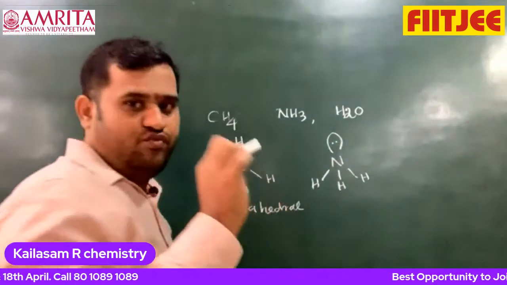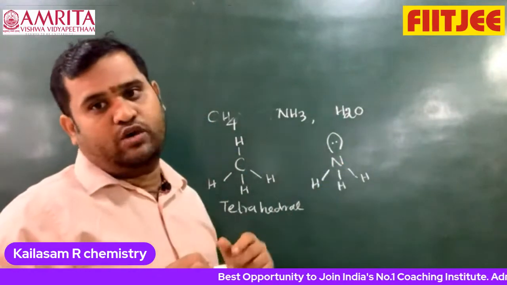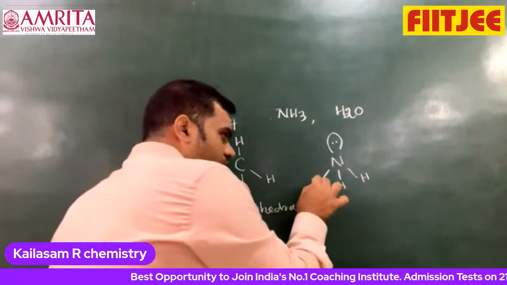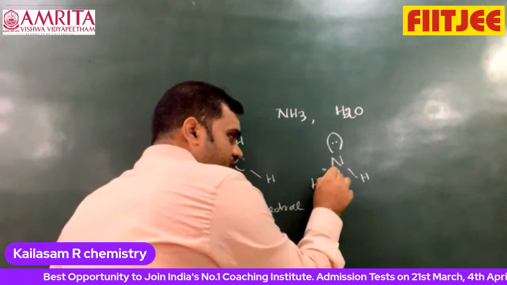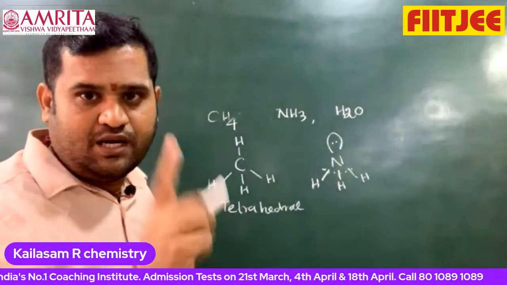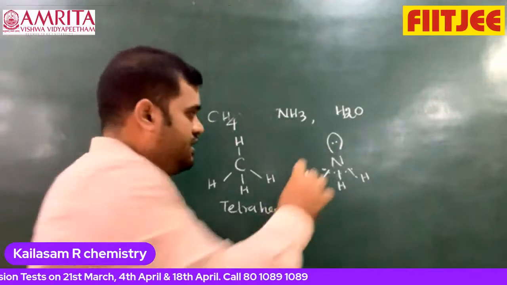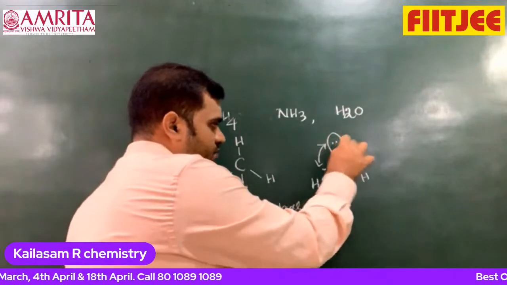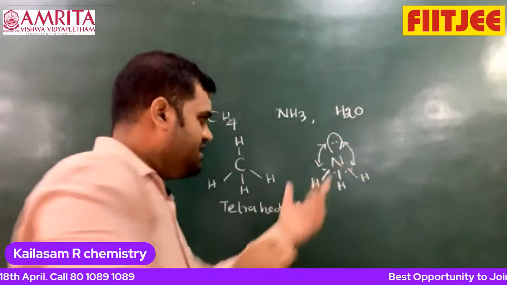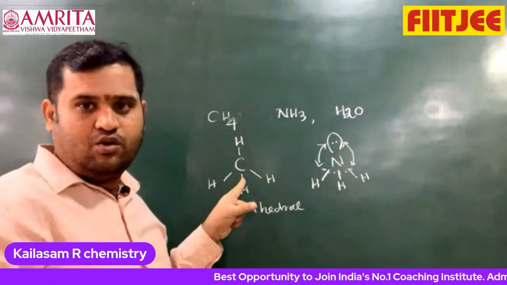Look at this, nitrogen and hydrogen. Which is more electronegative? We can say nitrogen is the most electronegative. Obviously, all the electron pairs will go towards it. So now we can have repulsion. There are two types of repulsion. This is bond pair repulsion. This is lone pair, bond pair repulsion. Because of that repulsion, the bond angle becomes smaller. So the expectation here is 109.